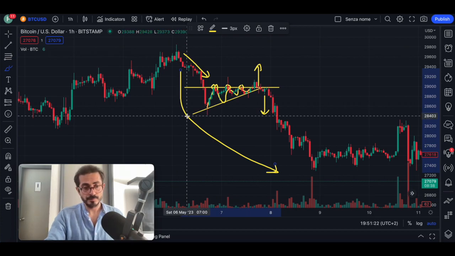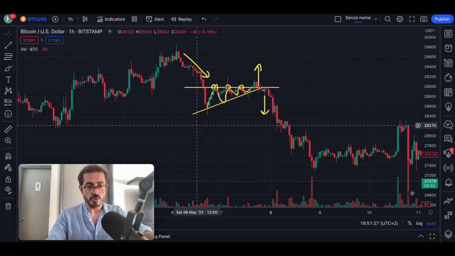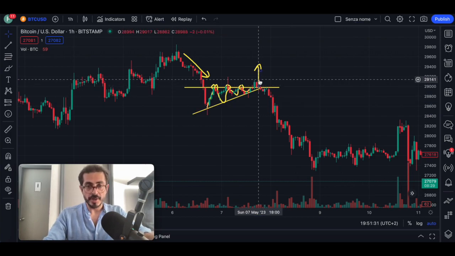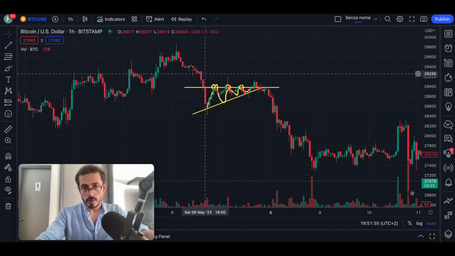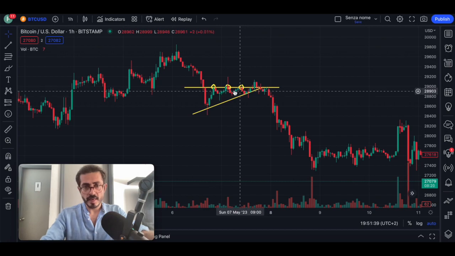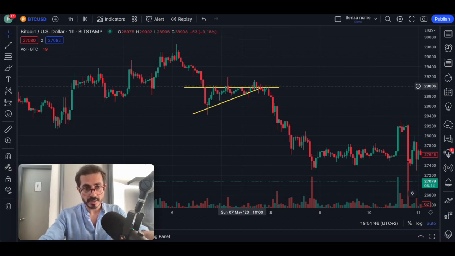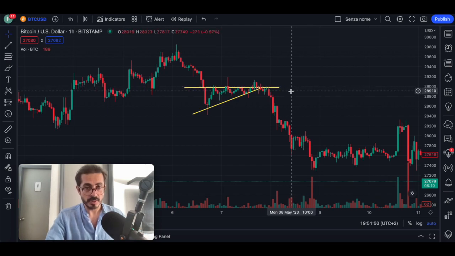And guys, now how to trade the ascending triangle? Well, you have to wait for a breakout, so you have to wait for the price to go outside the triangle, and when this happens you place a long position in case we break to the upside, or a short position in case we break to the downside.